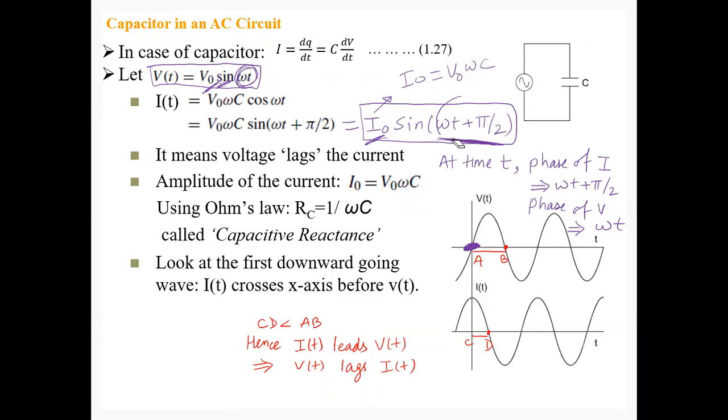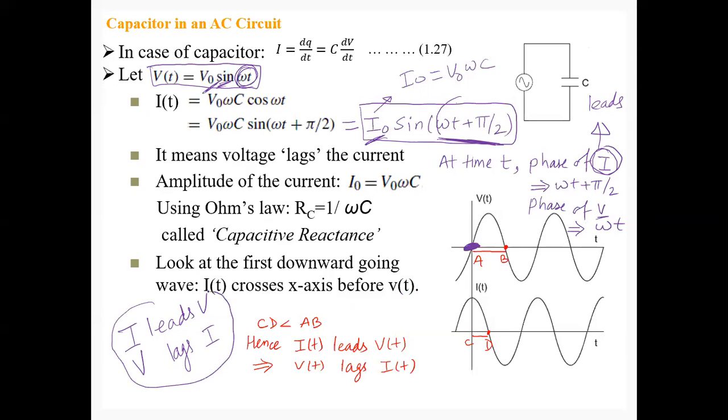Omega t plus pi over 2. So I is bigger, meaning I leads V. Let me write this down. I leads V, or I can write this as V lags I. It's the same thing. You can say I leads V or V lags I. It's the same thing. Okay.